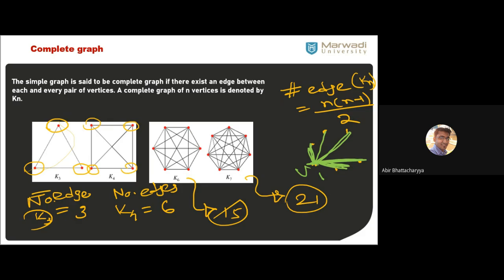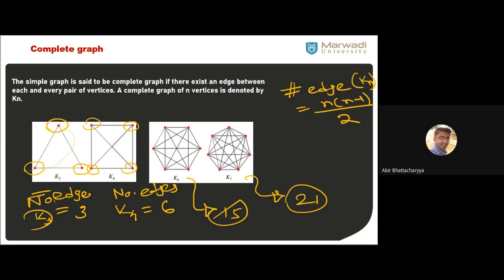Now go for V2. For V2, we have to connect this one, this one, this one, and this one. Like that you have to construct the complete graph. Don't be confused, otherwise you will miss one or two edges.